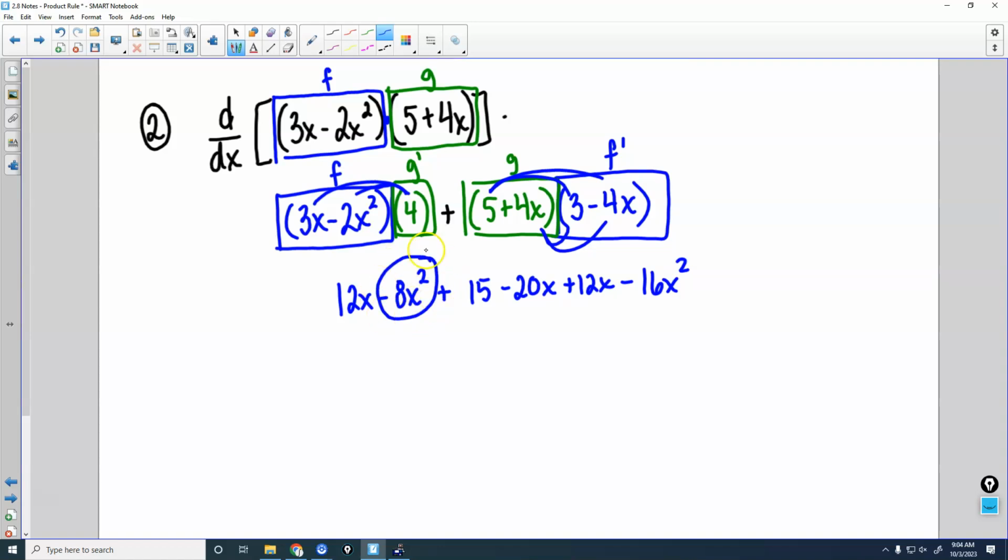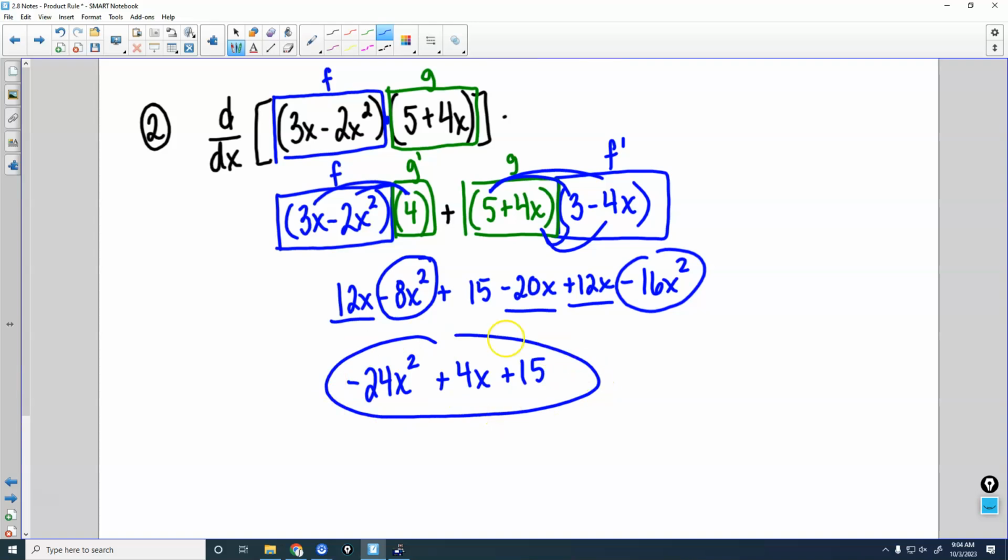So you've got a negative 8x squared and a negative 16x squared. That's going to give you negative 24x squared. We've got a 12x, negative 20x, and another 12x. That'll give me plus 4x. And then we'll have that plus 15 on the end. So that would be your derivative there.